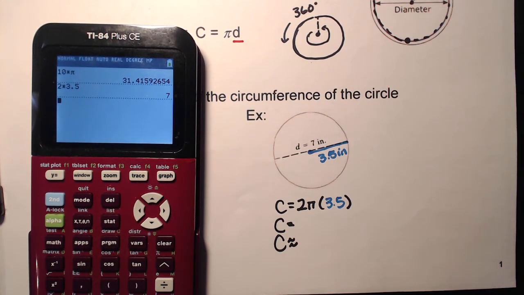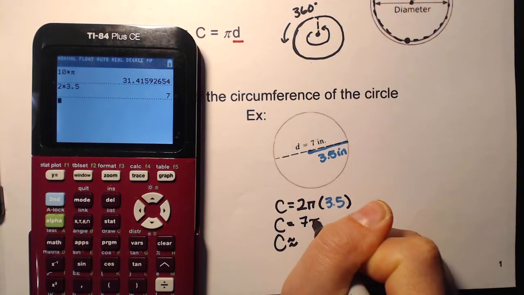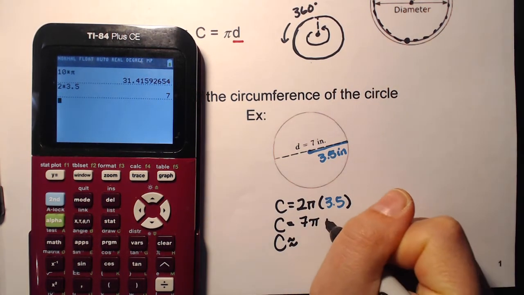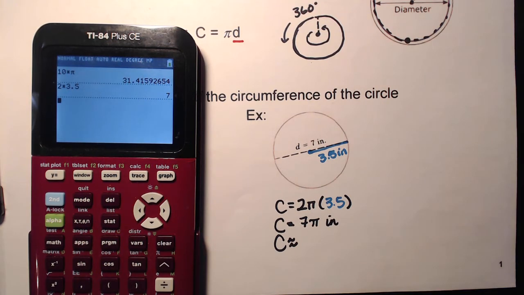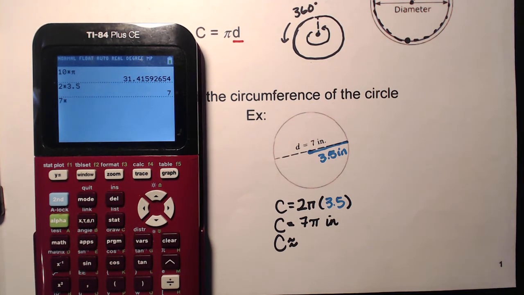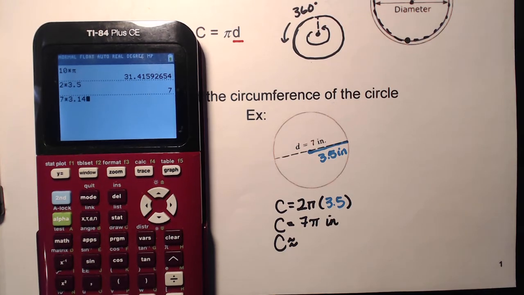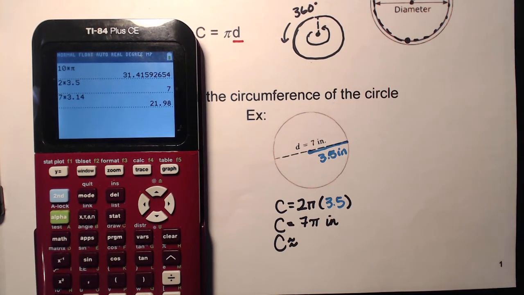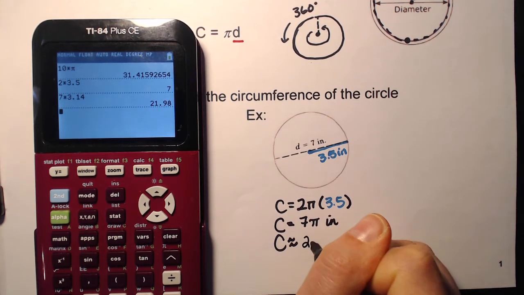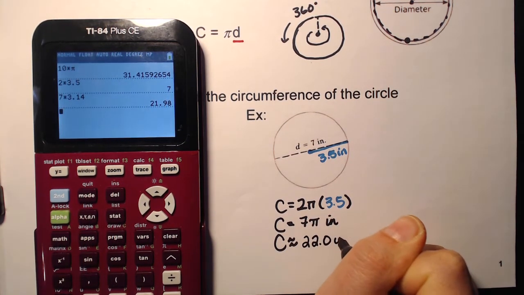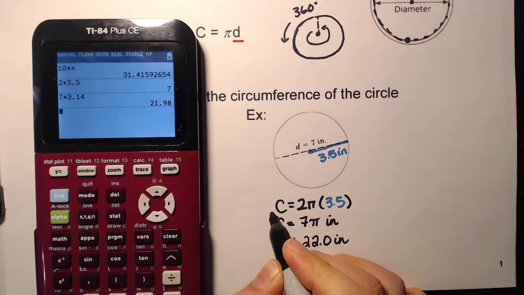Look at that. And it's inches. And then I'm also going to take that 7 and multiply it by pi. Now, if you don't have a pi button on your calculator, you can always just multiply by 3.14. So we're going to round that to 21. Well, the 9 rounds up, so it's going to be 22. So those are my answers.